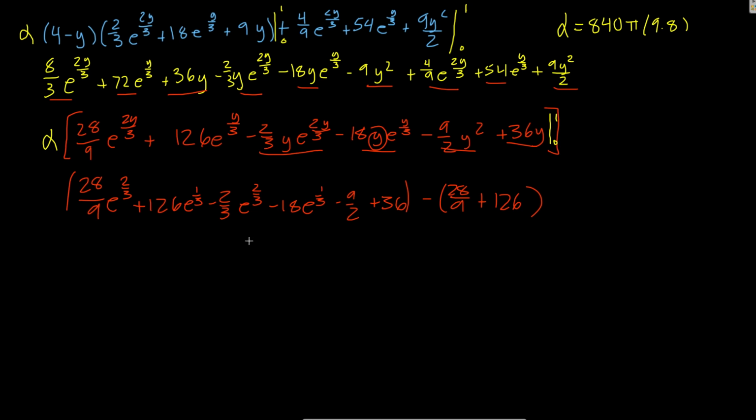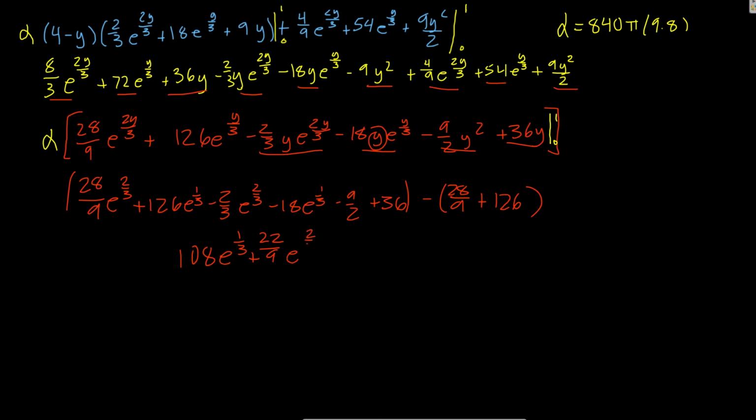One second here. 126 minus 18. Alrighty. That's 108 e to the 1/3. And then 28 divided by 9 minus 2 divided by 3 equals 22 over 9.